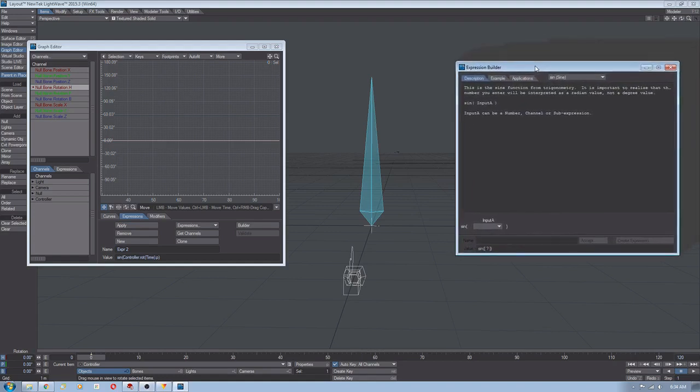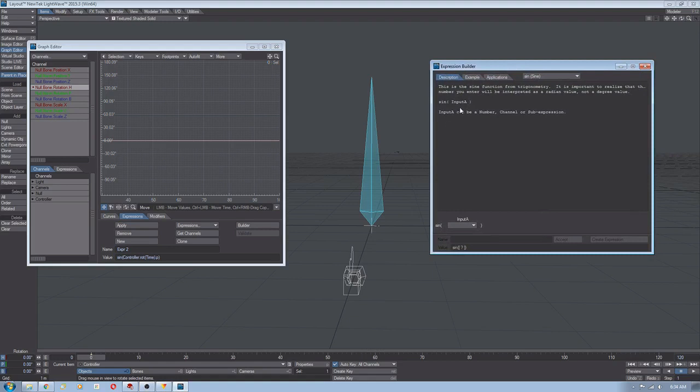If you look into the expression builder, you can see that the example set is sine plus input A in parentheses. And if you read the directions, of course, this is the sine function from trigonometry. It is important to realize that the number that you enter will be interpreted in radian value, which is pretty much obvious because anyone who's taken trigonometry knows that we work in radians.